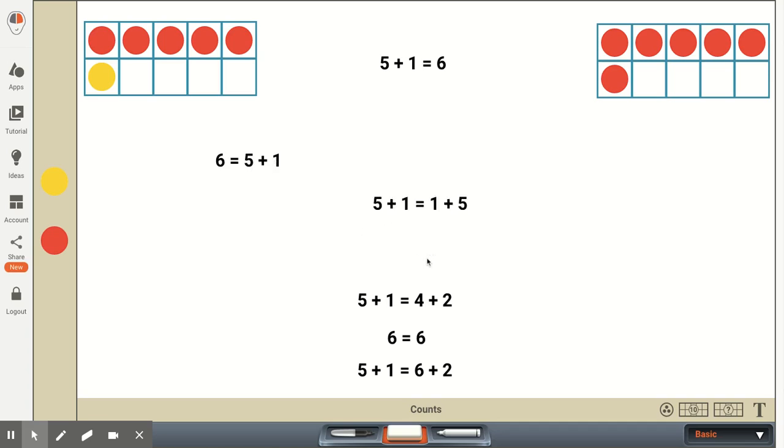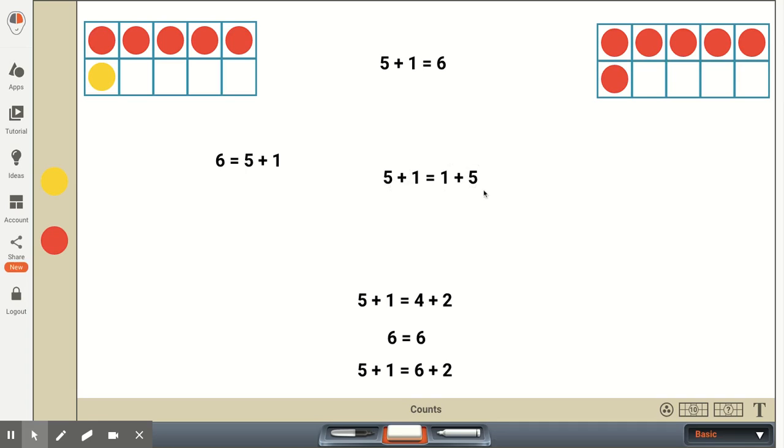Looking at another equation, we have 5 plus 1 is equal to 1 plus 5. In this case here, we're showing the addition operation on the left side of the equation, and we're also showing the addition operation on the right side of the equation. 5 plus 1 is equal to 6. 1 plus 5 is equal to 6.